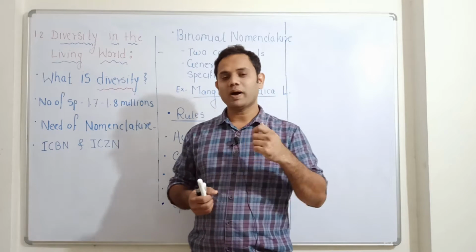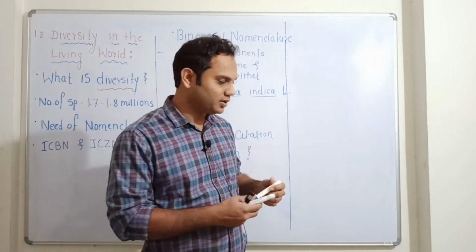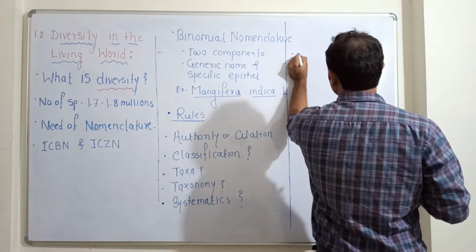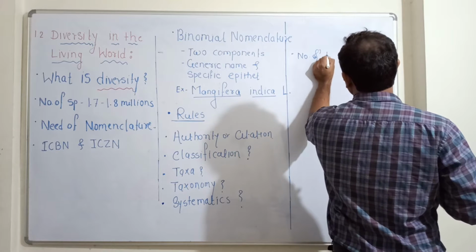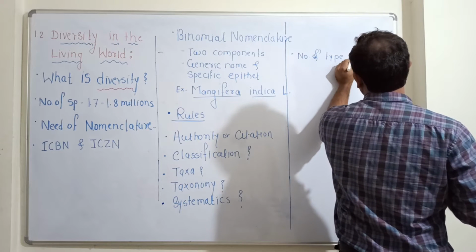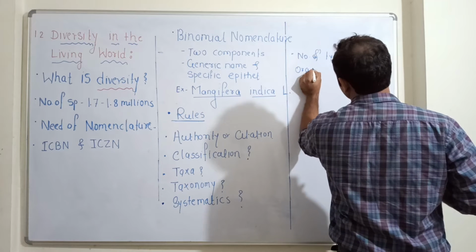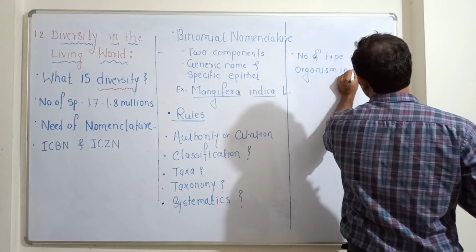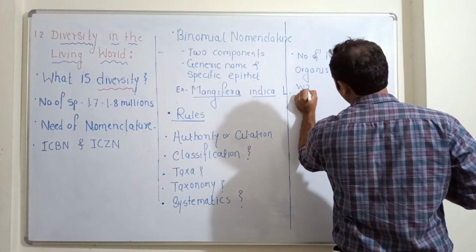Now what is biodiversity? Biodiversity can be defined as the number and type of organisms in this world.